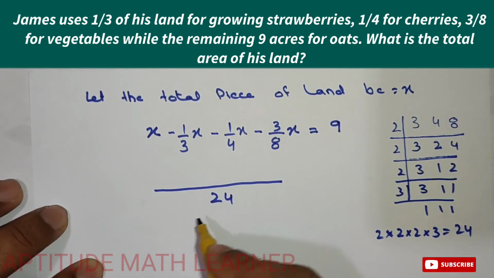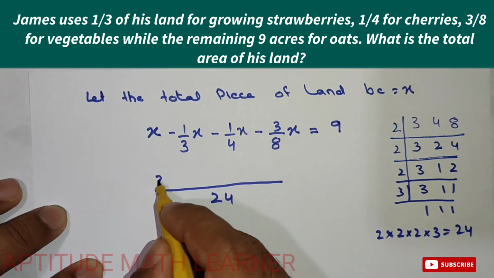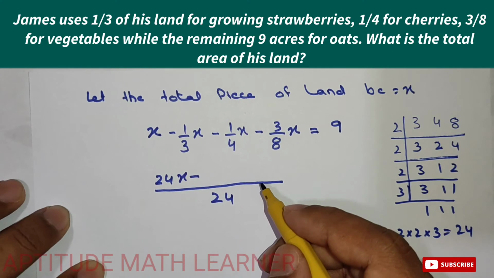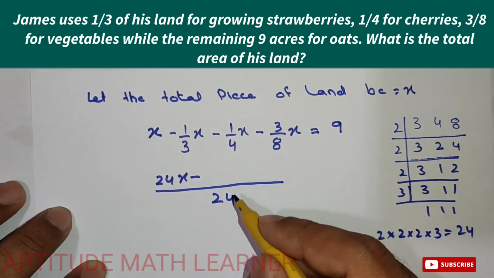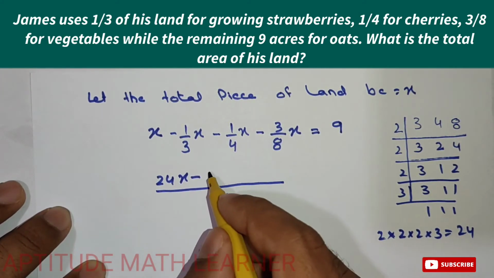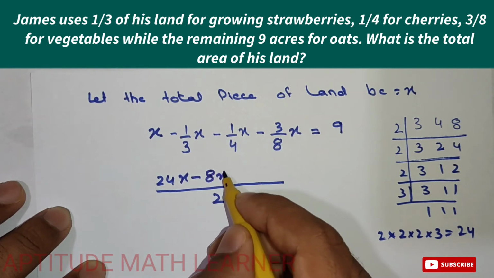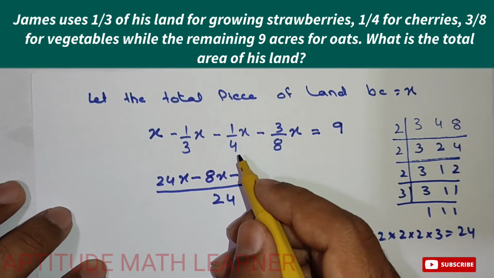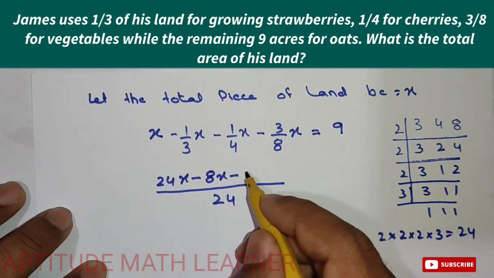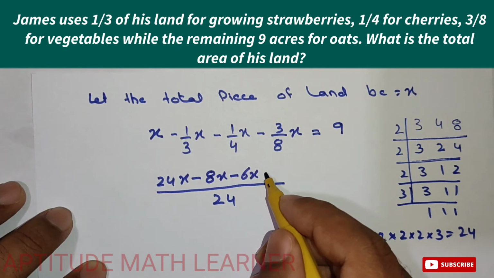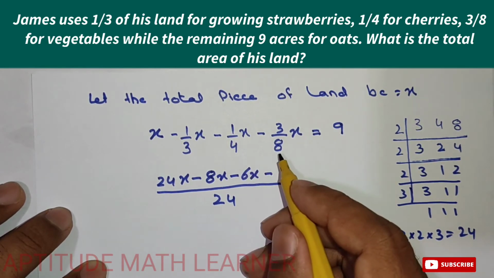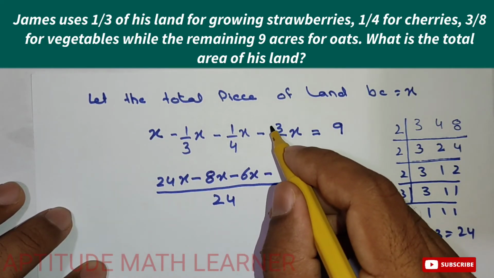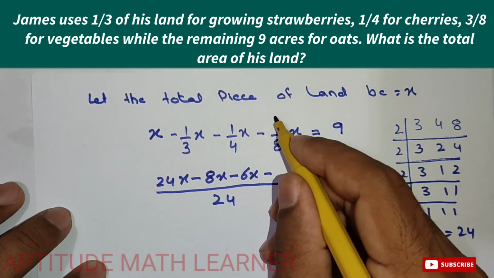So this 24 multiplies by x and this becomes 24x minus. And 24 divided by 3 is 8. So here we get 8x minus, and 24 divided by 4 gives 6x minus, and 24 divided by 8 is 3, and this 3 multiplies by the above 3.